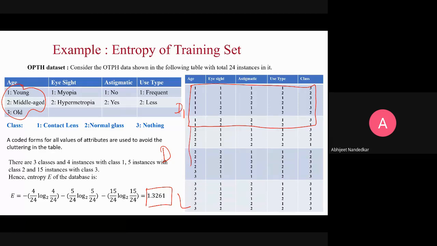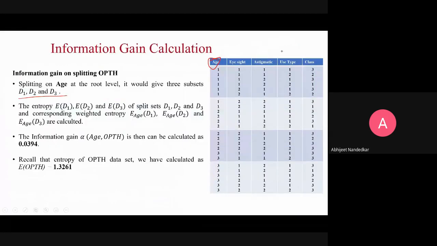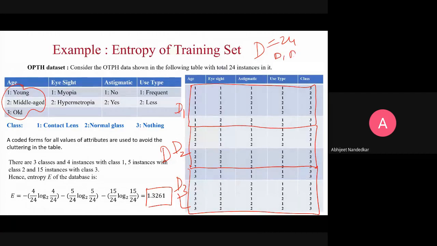So from this to this, you have now D2. And the third one is old. So this portion is old. So earlier I was having the complete table with 24 samples. Now they are split into three sections, D1, D2 and D3.